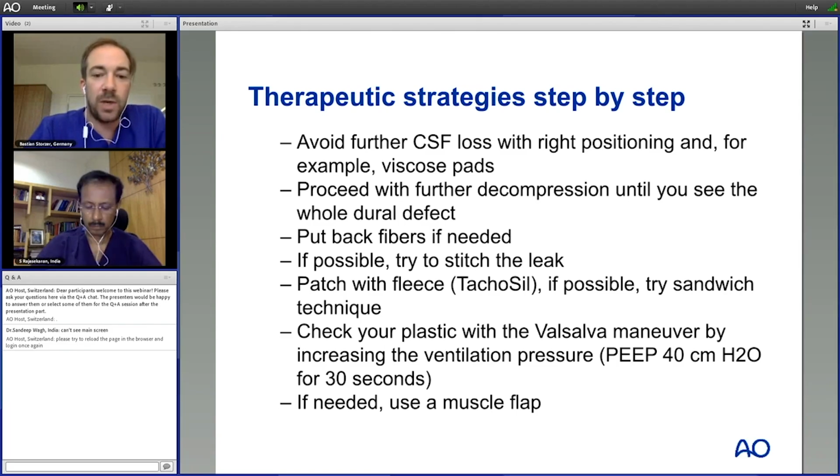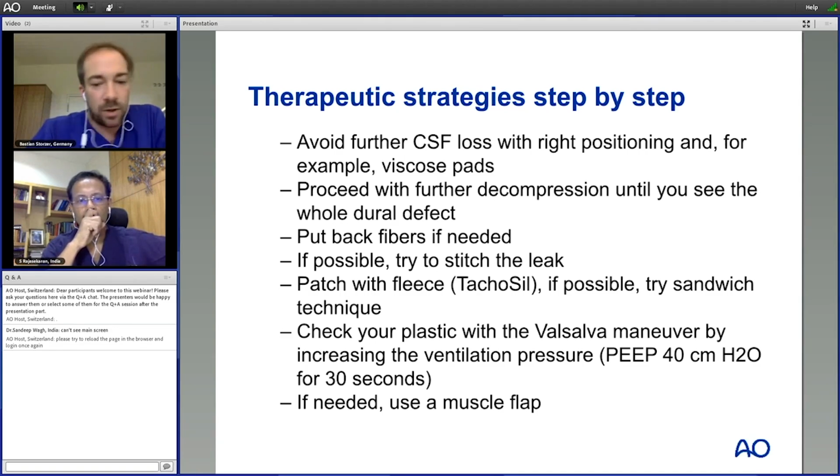That means we do a Tachosil inside the leakage and do the yellow side on the top, and then take a Tachosil the other way around from the outside. So you have the pressure that puts the Tachosil against the dura. Check your plastic with a Valsalva maneuver by increasing the ventilation pressure. We put it up to 40 centimeter. And if needed, do a muscle flap or a fat patch.